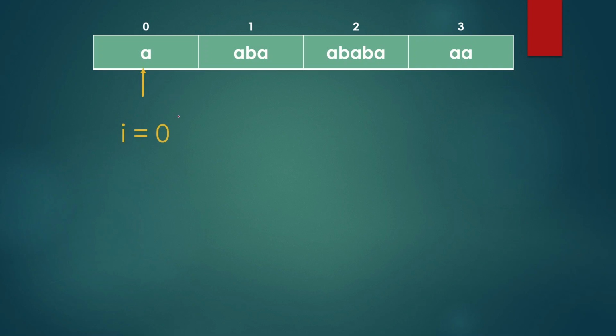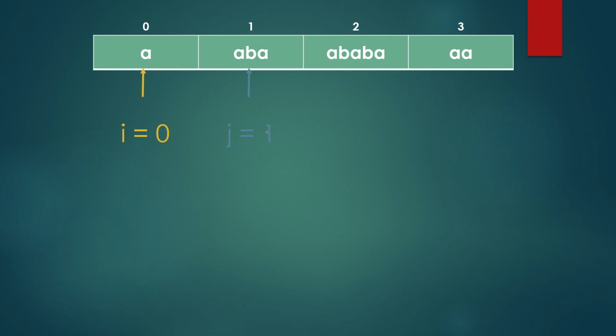And here we need two variables. The first variable is i equal to 0, and it starts from index 0. And we need another variable j, which we start immediately after i, because i is always less than j. So we can't consider j equal to 0 here, because j must have a greater value.